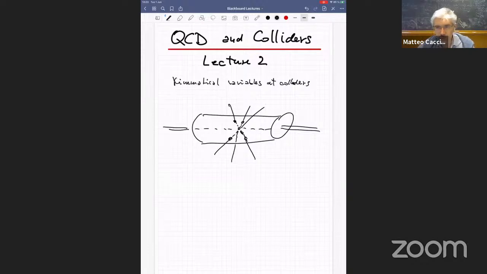So the detectors we saw yesterday are essentially concentric cylinders of detectors most of the time, and then typically you have end caps at the end on one side and on the other. So these are the end caps. Then this is the central part of your detector.